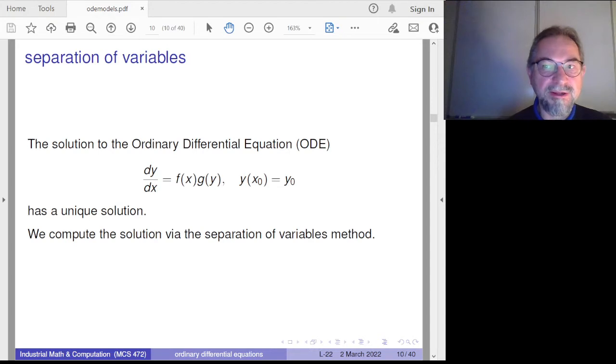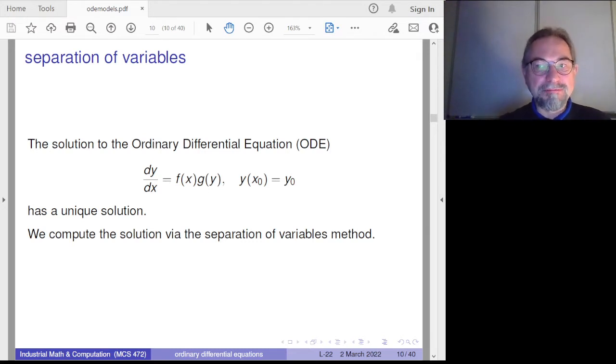So by way of introduction, let us consider one method for solving an ordinary differential equation. So here we see an example of an ordinary differential equation where we have a left-hand side, which is the derivative of a function y depending on x. And the right-hand side is kind of specific, so it can be decomposed as a product of two functions.